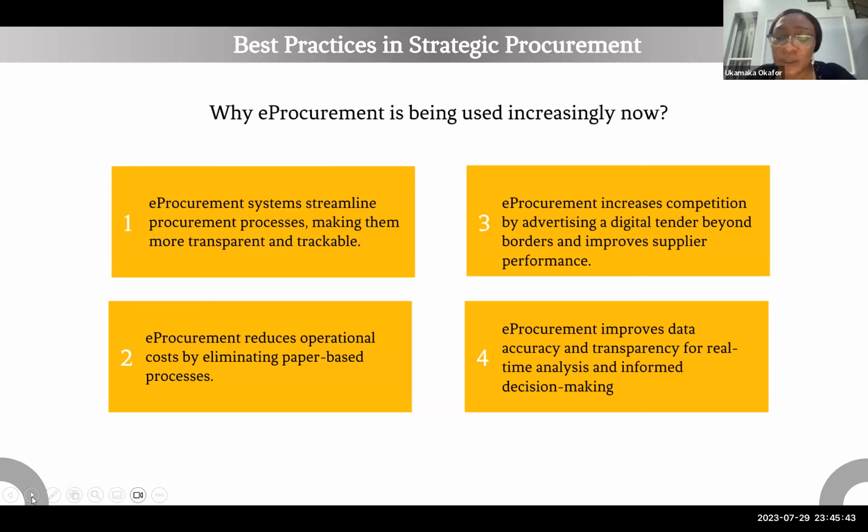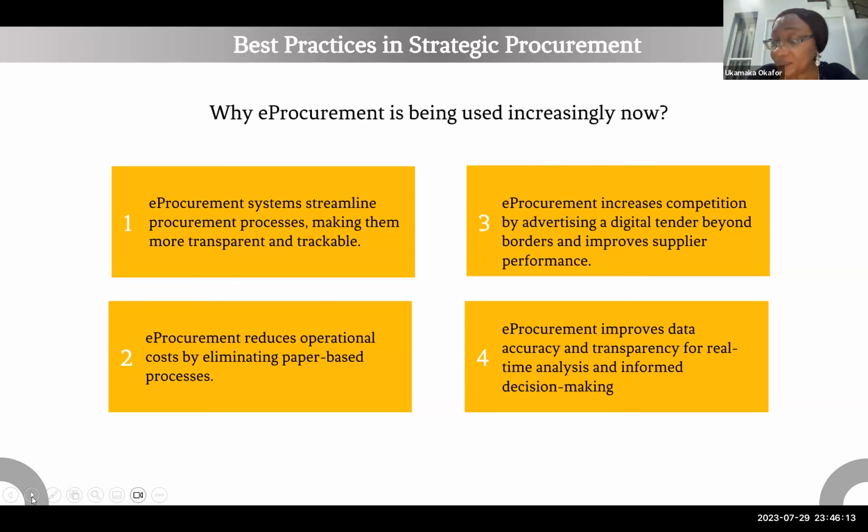E-procurement also improves data accuracy and transparency for real-time analysis and informed decision-making, because everybody is putting the data there. The data is more accurate, it's more transparent, and you can use it for real-time analysis. You can even see feedback from different stakeholders. And when you are able to access those feedbacks, it will help you in taking decisions concerning the procurement process.